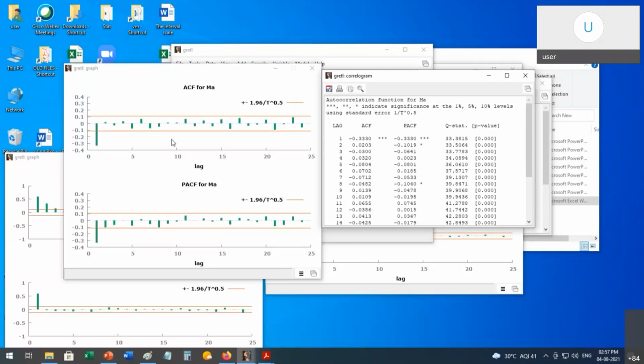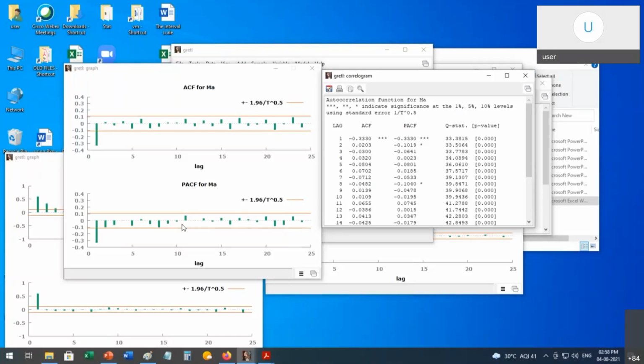Now, given this particular picture, we can say that we have a stationary series because the ACF shows a fast decay. And we can interpret that in the PACF, we have a significant spike. So to that extent, we can think that this is an AR process. But actually the data relate to an MA process.